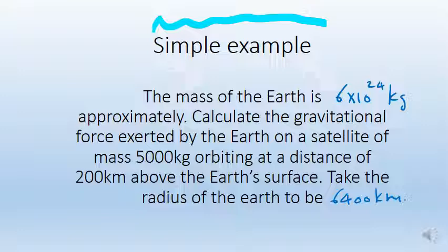Now, this is a brilliant question, because we've got two distances here. We've got 200 kilometers above the Earth's surface, and we've got 6,400 kilometers from the Earth's center to the surface of the Earth. So which distance do we use? Do we use a combination of them, the difference, the sum, one or the other? And I think this is crucial.